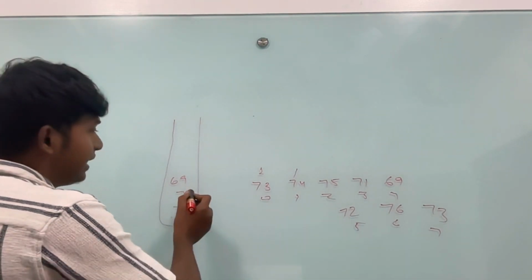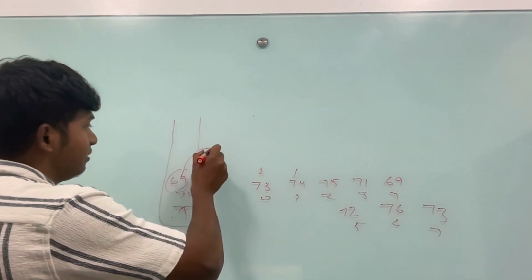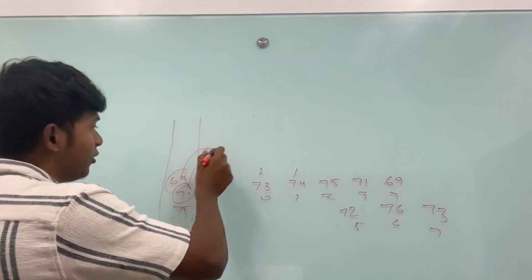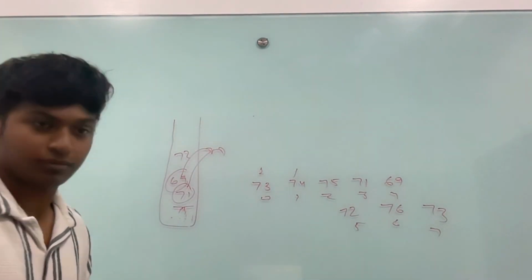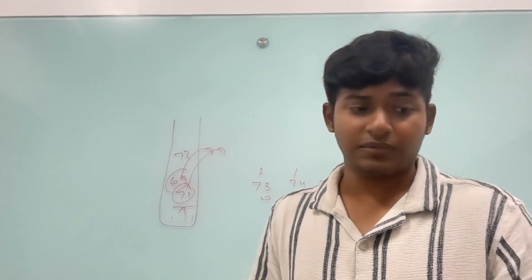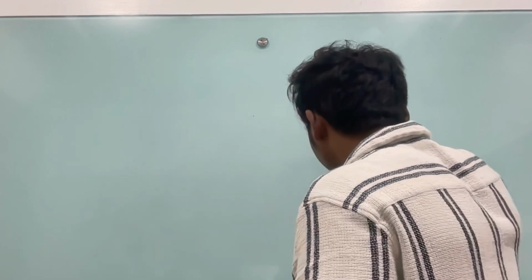So until 72 is the end of the decreasing sequence, I'll pop 69, note the answer, pop 71, note the answer, and then I'll push 72. The same thing, I'll keep doing that. And this we can do in O of n time, and O of n space, because we are using a stack. So that is the idea behind this.